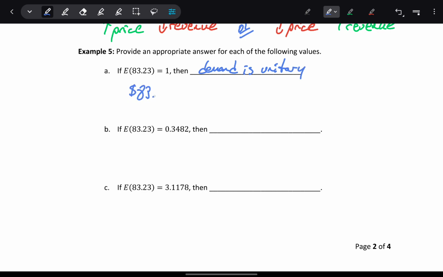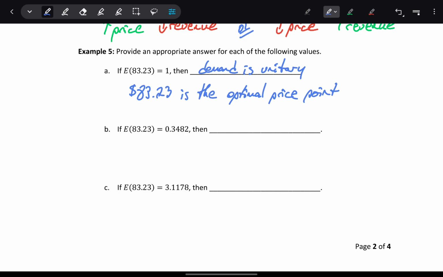If demand is unitary, then $83.23 is the optimal price point. A change in price will have an equal change in demand, meaning no change in total revenue.